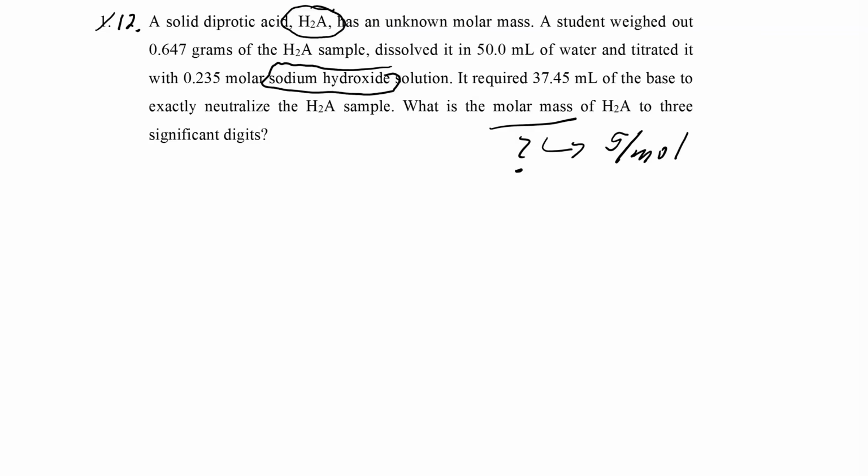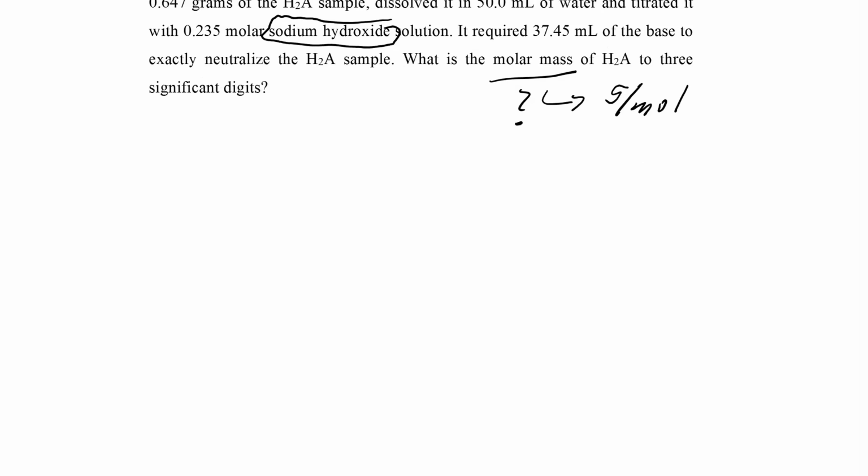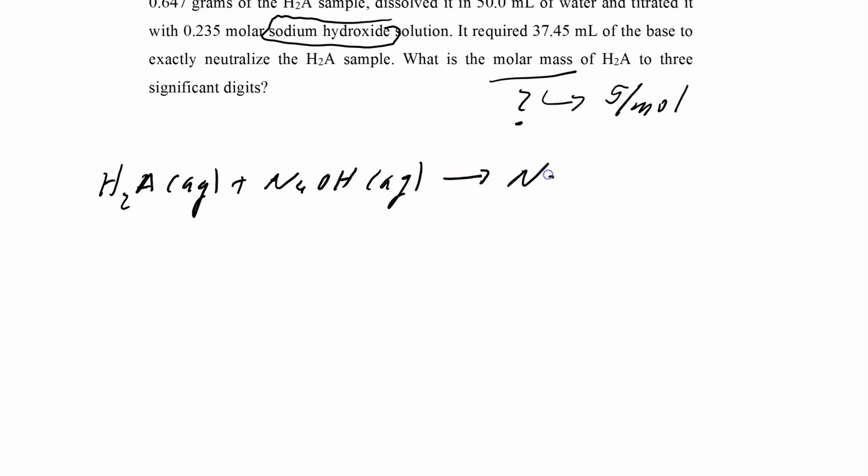So first thing we want to do is start by writing the balanced chemical equation. So let's do that. We have H2A aqueous, and we're going to react that with NaOH aqueous, and our products are going to be Na2A aqueous plus H2O liquid, and of course we need to balance the equation.